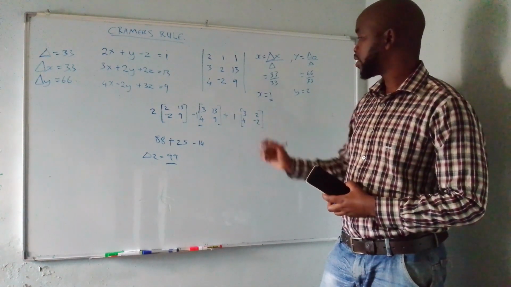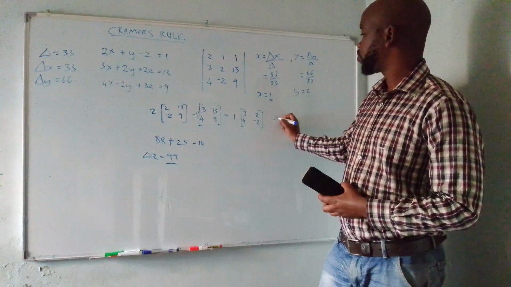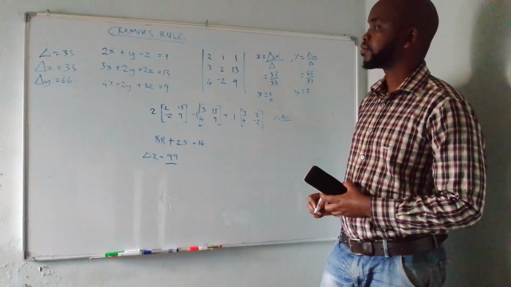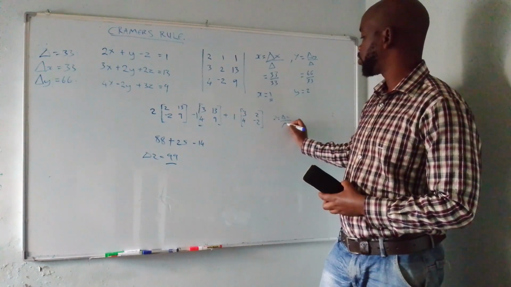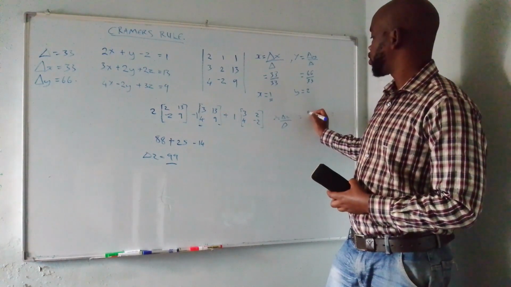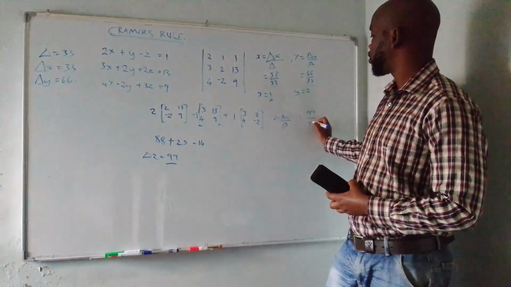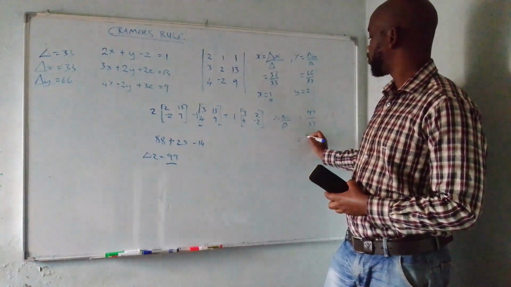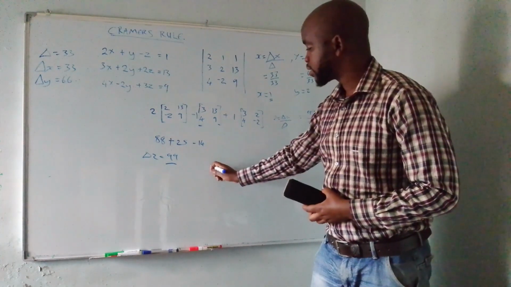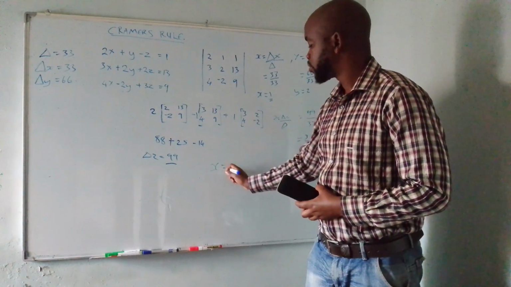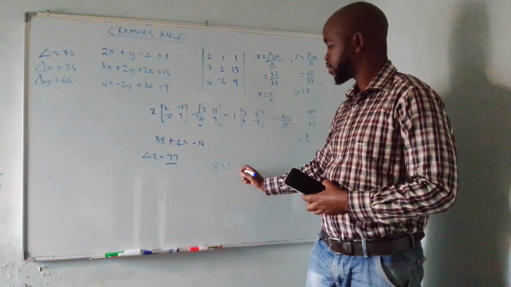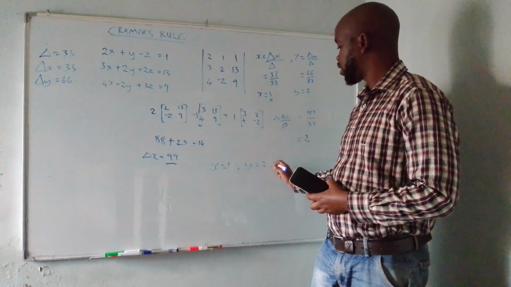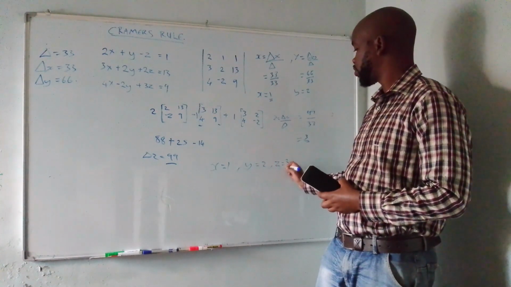And finally, our z will be equal to change in z all over our change, which is equal to 99 over 33, which will be equal to 3. So our x is equal to 1, our y is equal to 2, and our z is equal to 3.